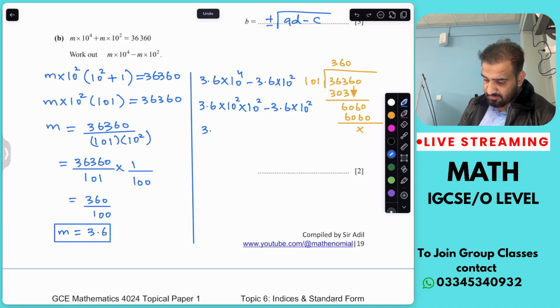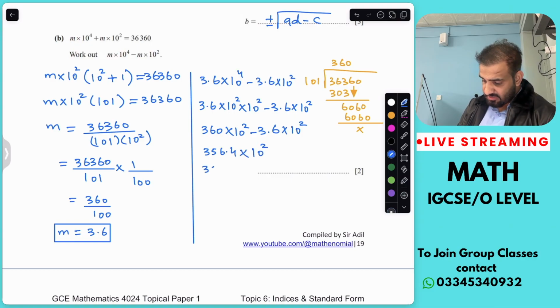It will actually become 360 cross 10 square minus 3.6 cross 10 square. 360 minus 3.6 will become 356.4 cross 10 square.